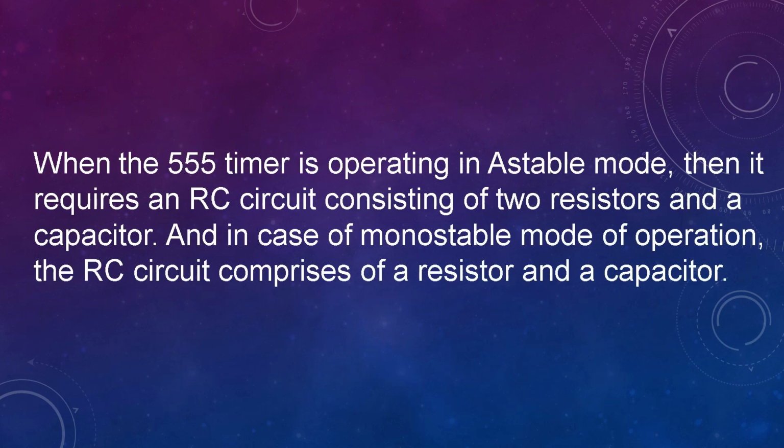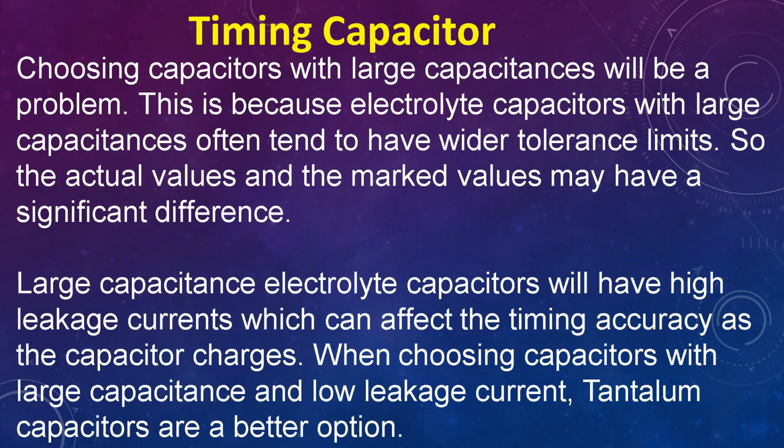When the 555 timer is operating in astable mode, it requires an RC circuit consisting of 2 resistors and a capacitor. In the case of monostable mode of operation, the RC circuit comprises a resistor and a capacitor. Timing capacitor. Choosing capacitors with large capacitances can be a problem.